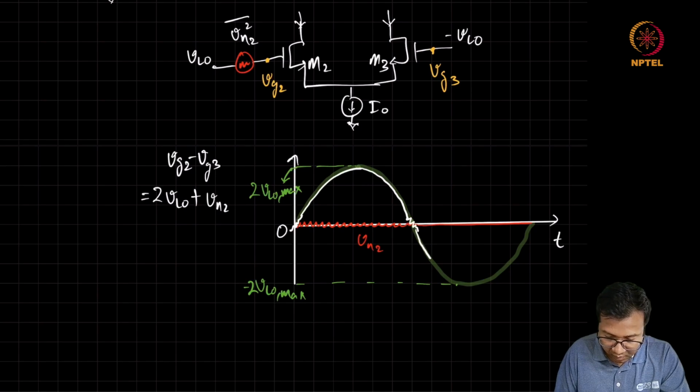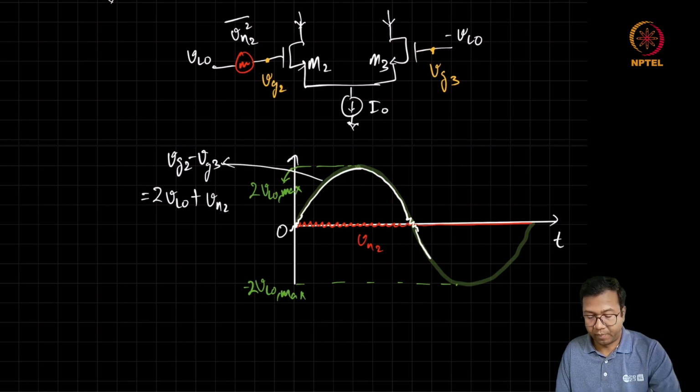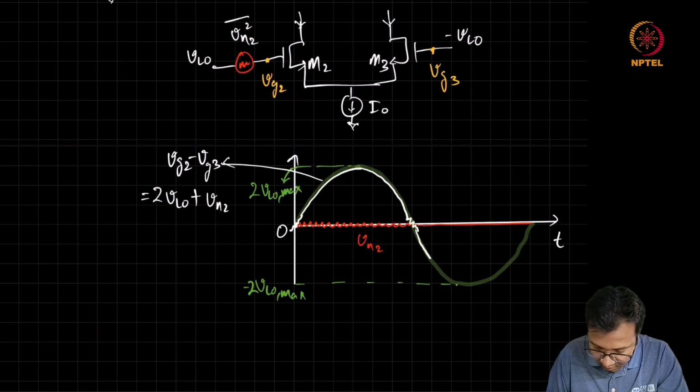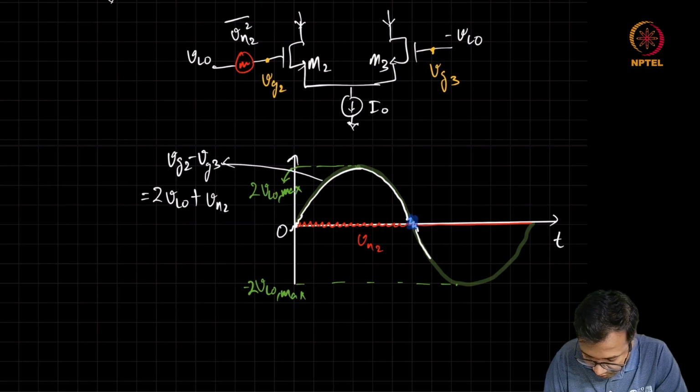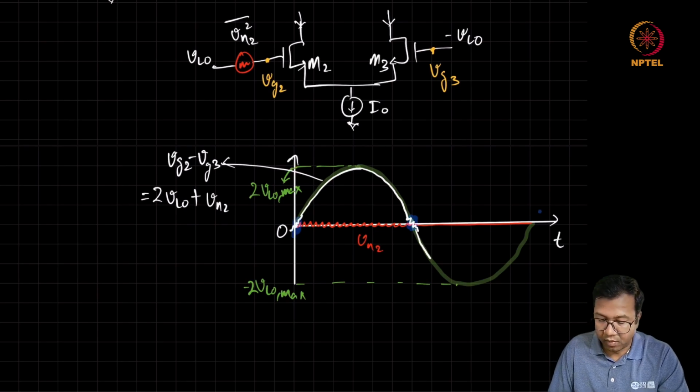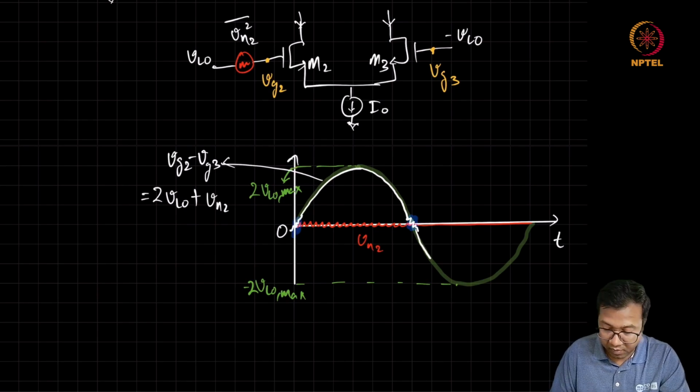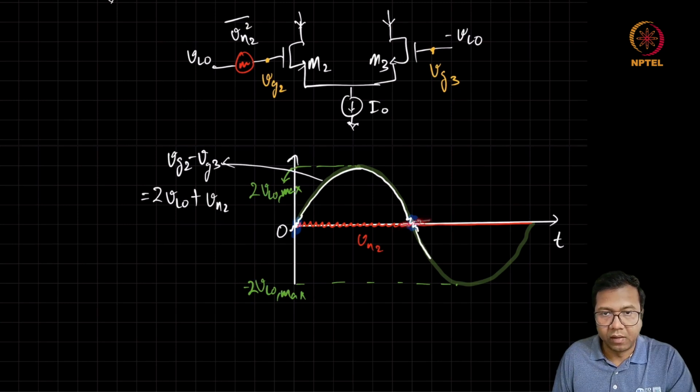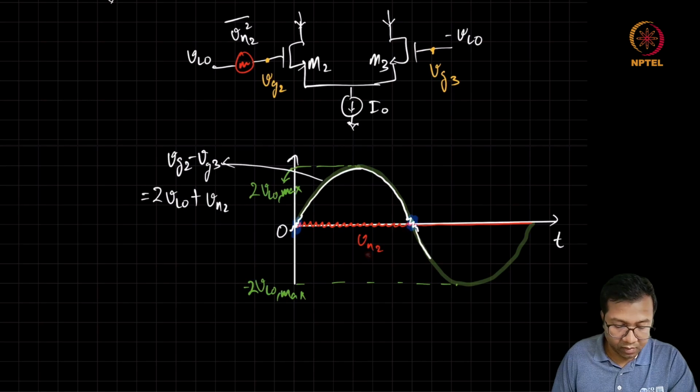So this is your VG2 minus VG3. See that there is a region here where it is not certain when the zero crossing actually takes place. Movement in the zero crossing will depend on what is the value of VN2 at this moment.